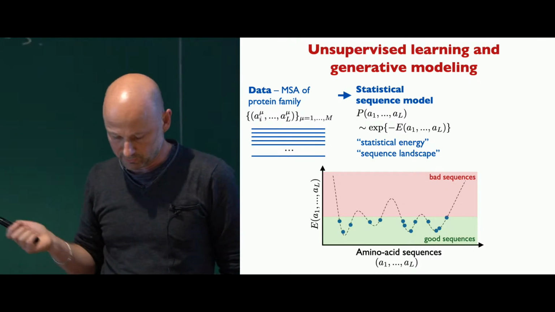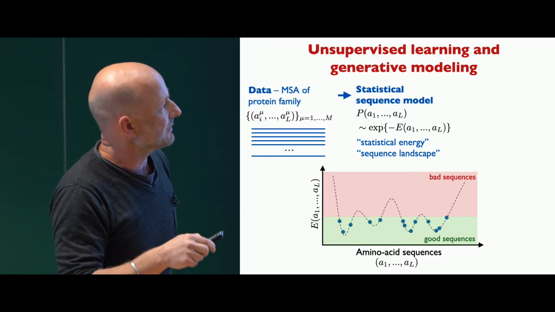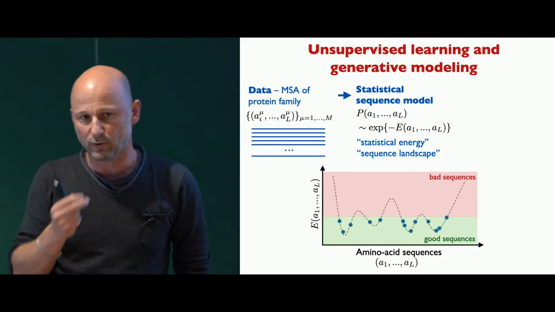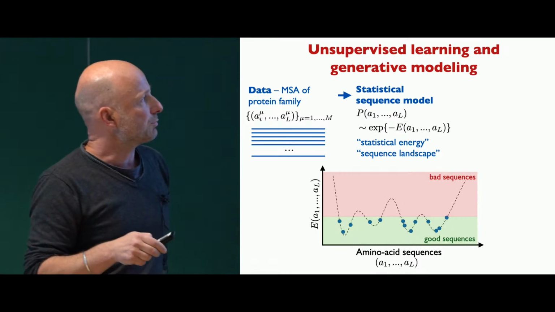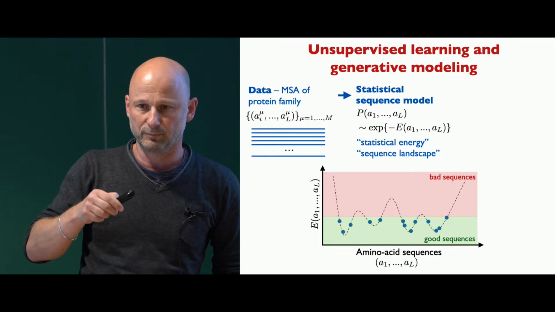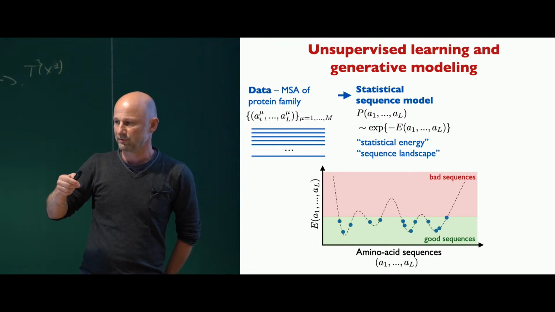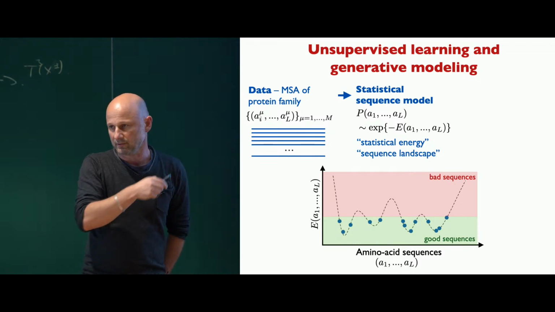It provides a probability to any sequence, and you can visualize it via some kind of statistical energy, or negative log probability. So this is not an energy in terms of kilojoule, constructed from some first principles. It's something which we learn from the data.